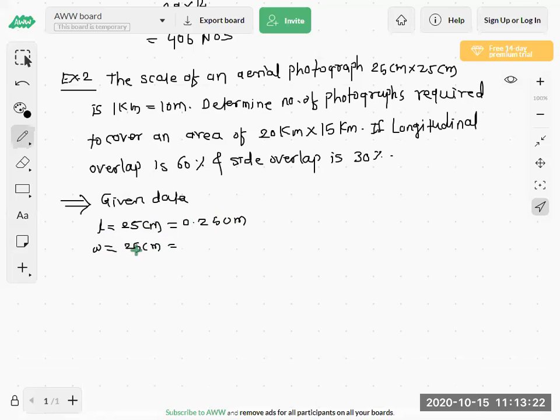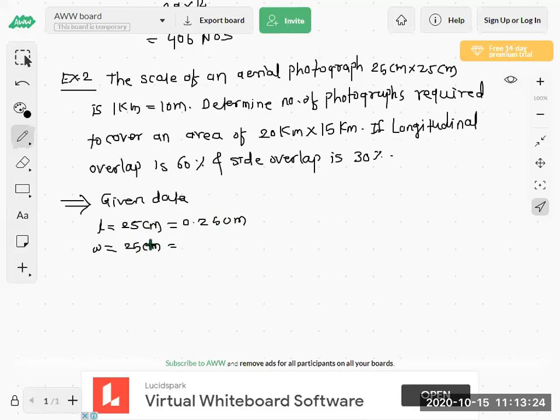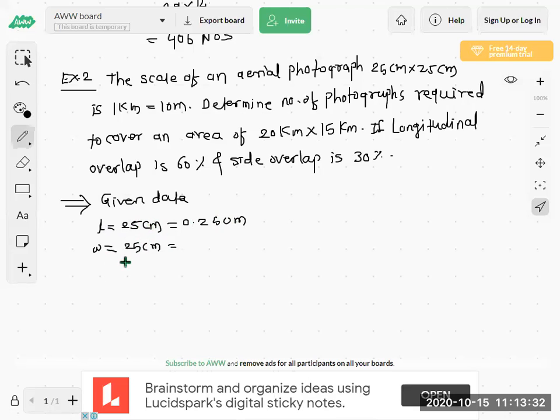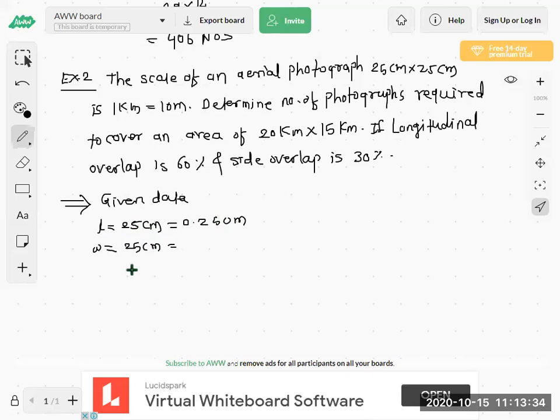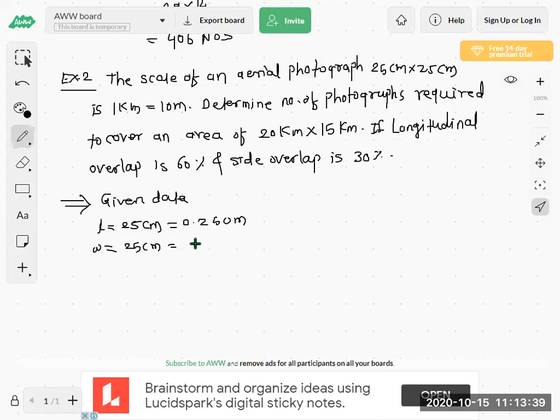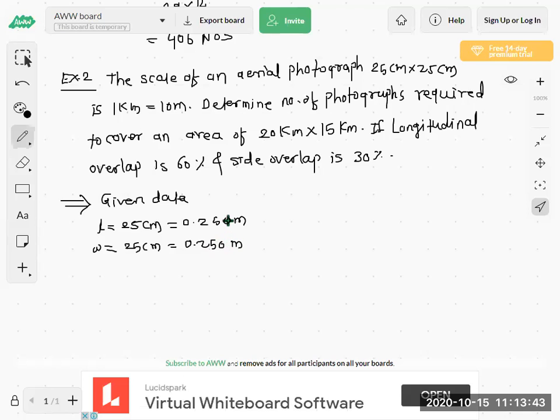It means they have used square photographs, 25 centimeter by 25 centimeter. In the last problem we saw 230 mm by 230 mm. It means square photographs. Generally in an aerial survey they take square photographs. So again this 25 centimeter means 0.250 meter. So we got the length and width of the photograph.